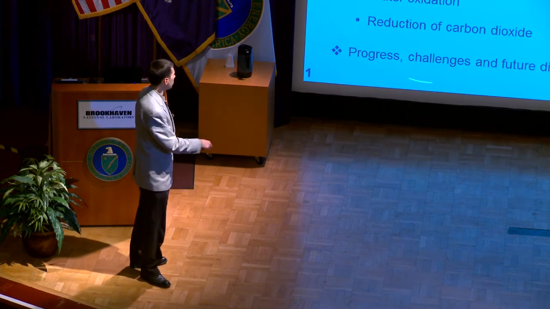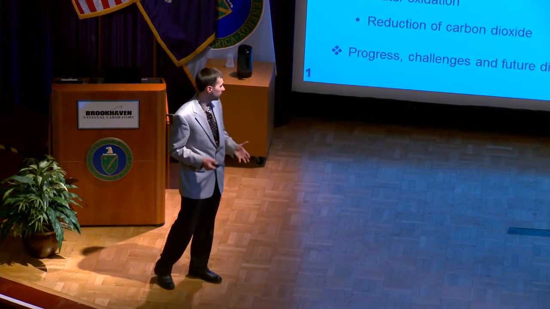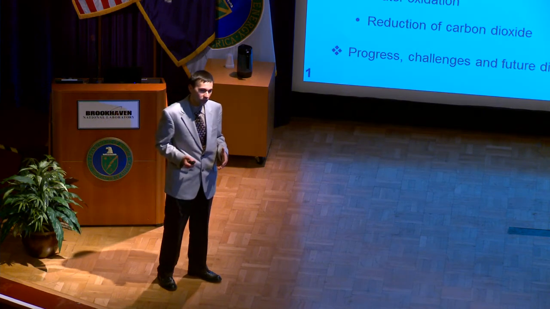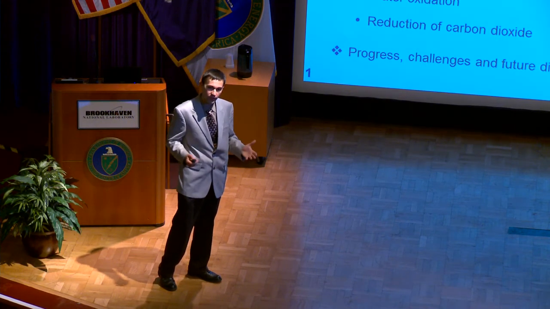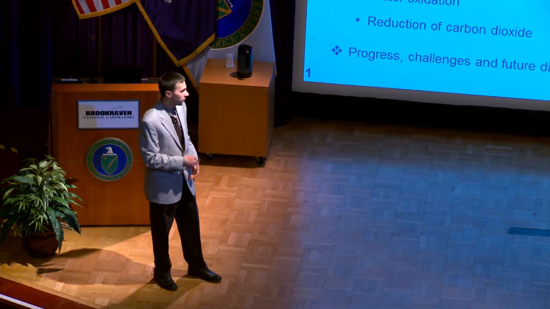And I'll conclude with a quick overview of the current progress, challenges and future directions which artificial photosynthesis is facing as a field, and what we're doing in our group as current research and further directions.